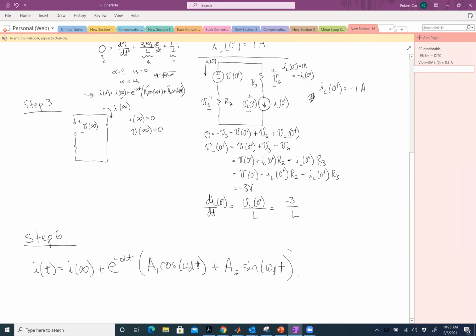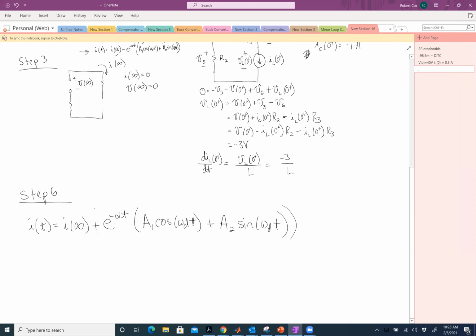And I know that I of infinity now is 0. My job is to find a1 and a2. I also know at this point that I of 0 is equal to 1 amp and di by dt is equal to minus 3 volts divided by L. I just need to plug in L to figure that out.